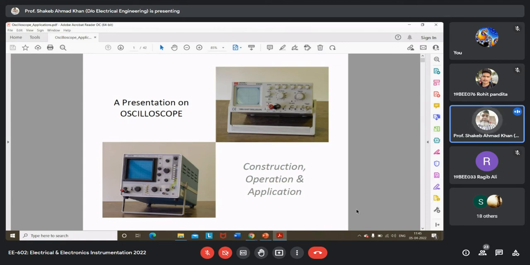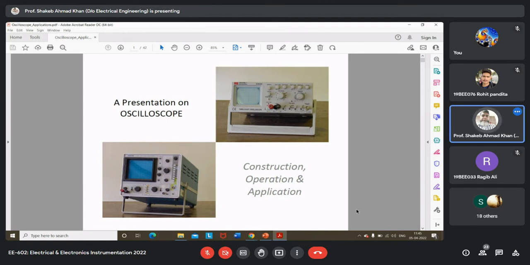It can be used to measure many things. We'll discuss some of the applications. You can measure voltage, you can measure current, you can measure frequency, you can measure phase angle, you can measure hysteresis loss.